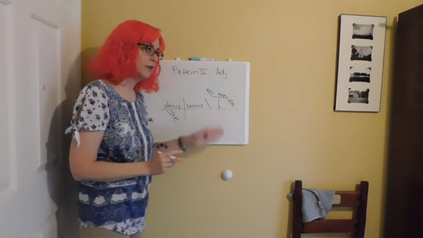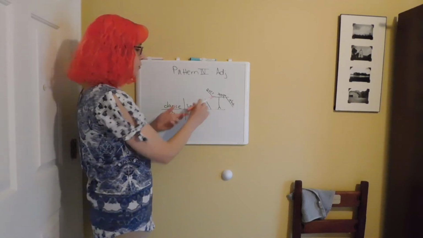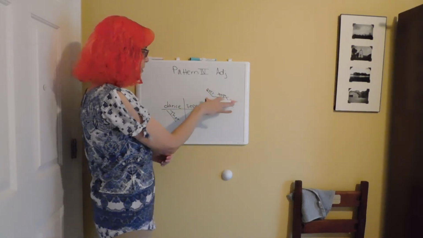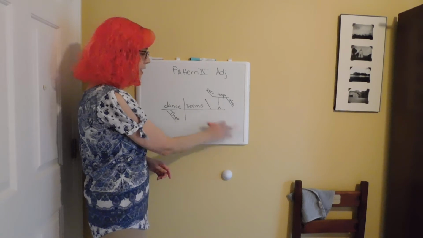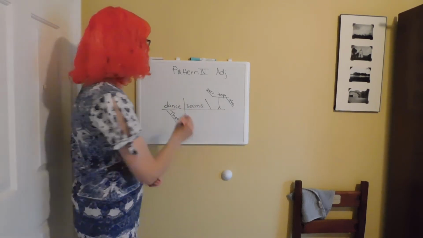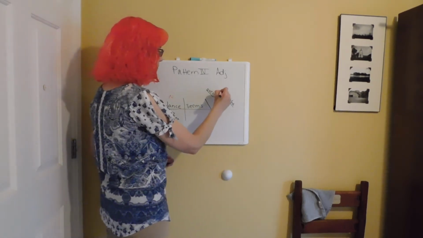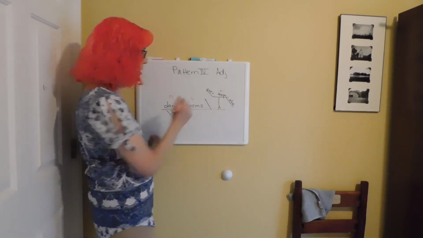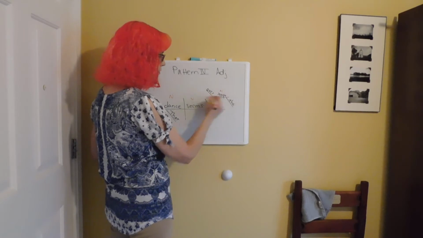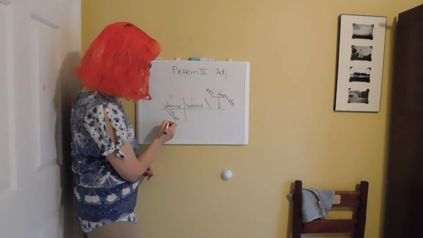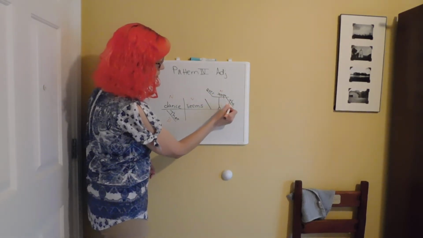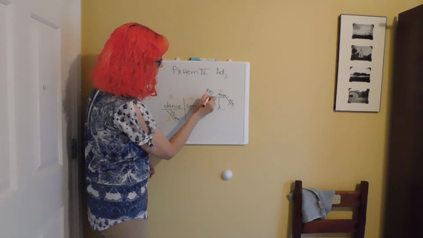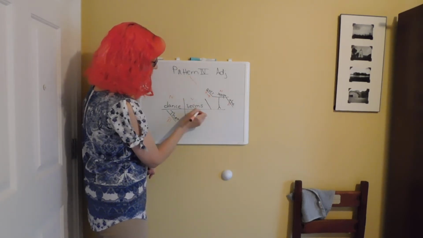Alright, so here's where I want to point out something important. Please notice that in all diagrams, regardless of where it ends up, whether it's on a pedestal above the main line or if it's coming down off the line, your nouns and your verbs are on horizontal lines, always. Your determiners and your prepositions are on slanted lines.